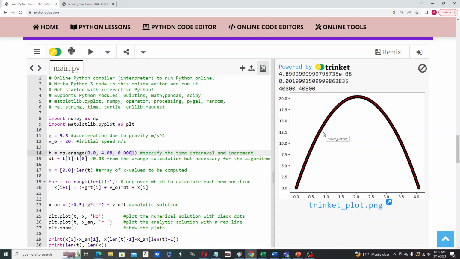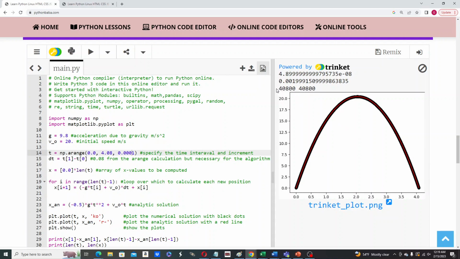And if we go down to 10,000ths of a second, then we obtain less than 1 centimeter in accuracy with our last data point, which is really good. So basically the Euler method is a very powerful tool for solving first order differential equations, provided you give it the appropriate type of increment in time.